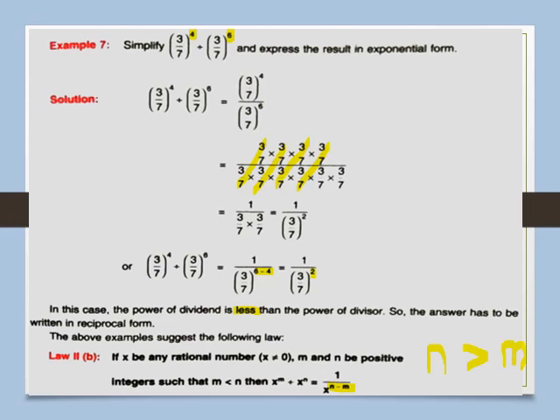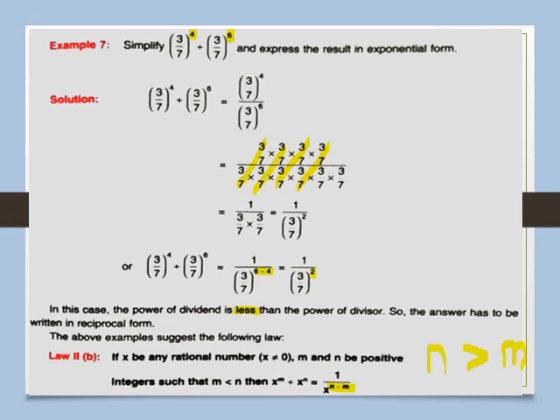How many 3 by 7s are left? See here. Only 3 by 7 into 3 by 7, and that is in the denominator, not in the numerator. Why is this so? Because the first number contains the lesser power and the second number, the divisor, has the greater power. That's why it is 1 upon 3 upon 7 whole square.